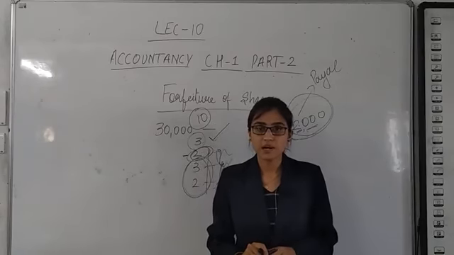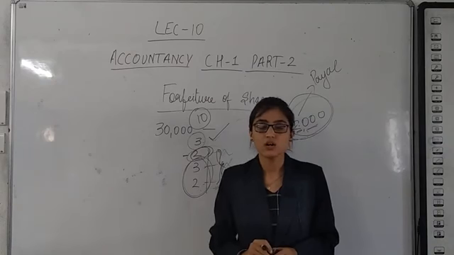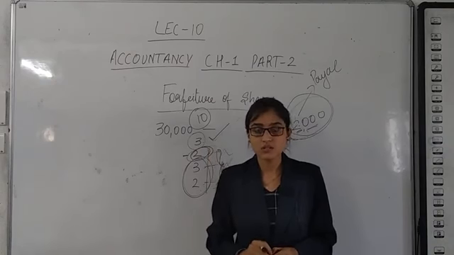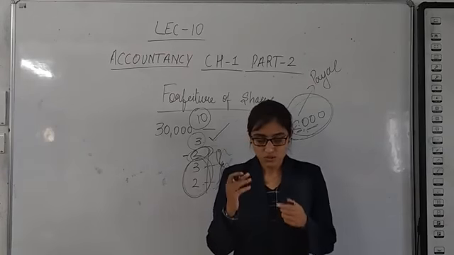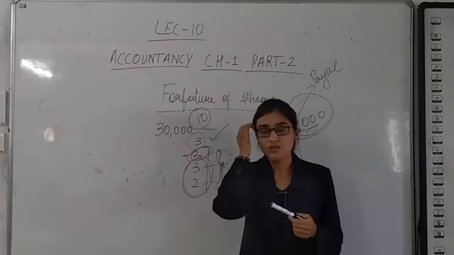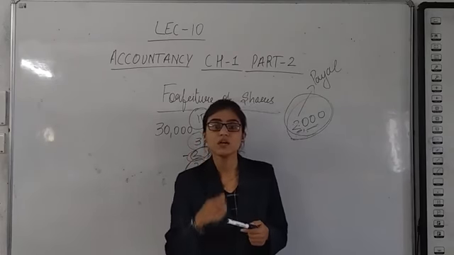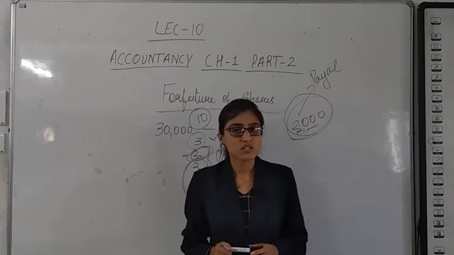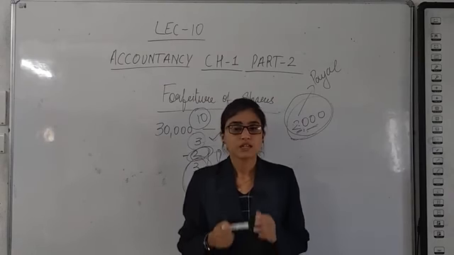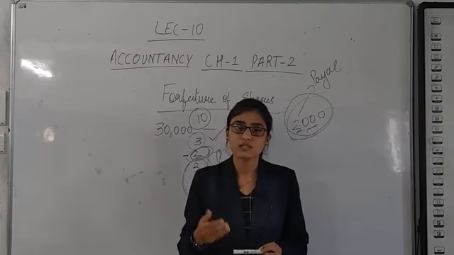You have debited 20,000 and also credited 20,000. 6,000, then 4,000 and then 10,000. Alright? So this is how the journal entry for share forfeiture is to be written. We have just understood the first case. Second case we are going to understand later.